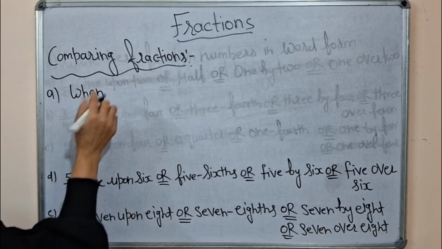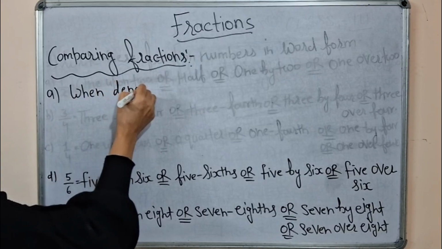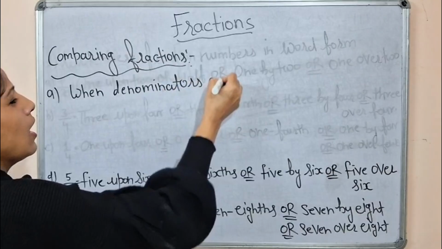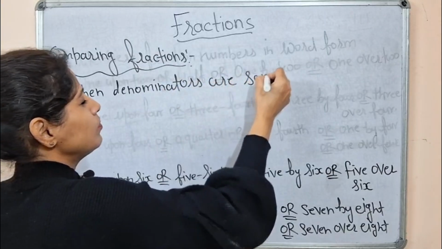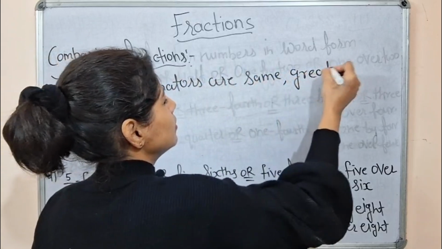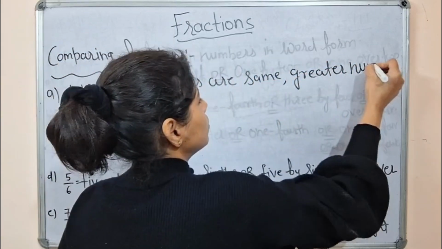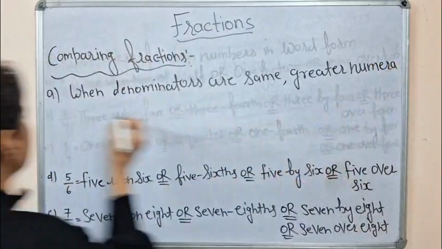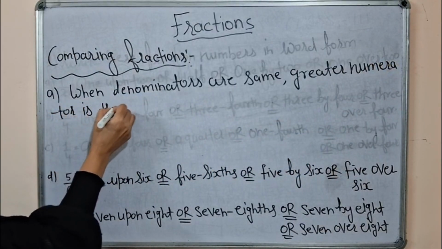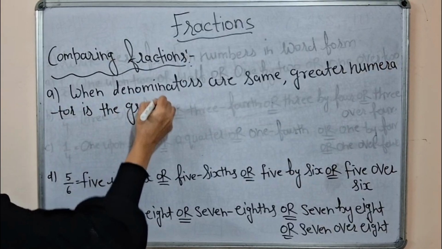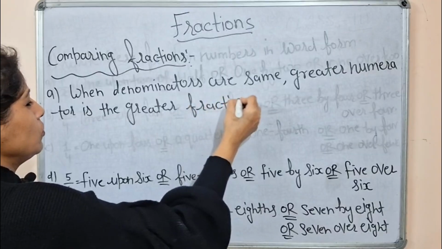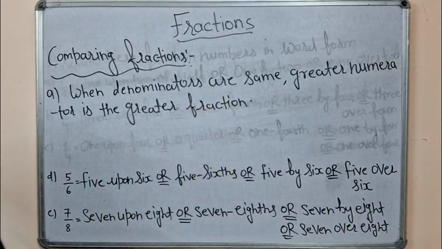So, rule A says when denominators are same, greater numerator is the greater fraction. So, let's understand this rule.